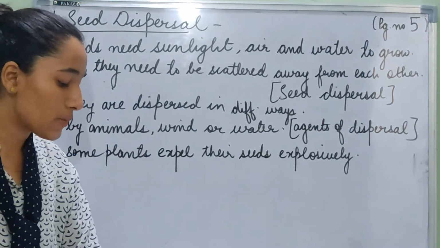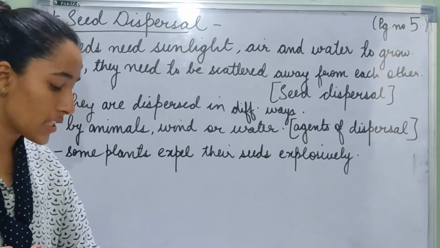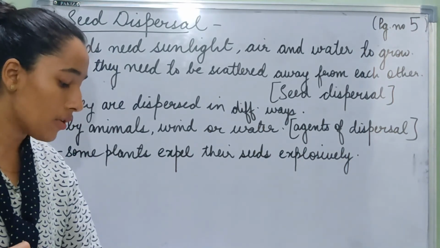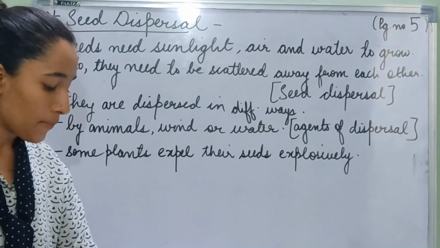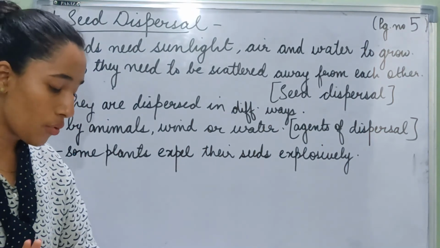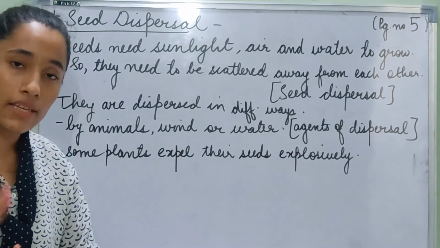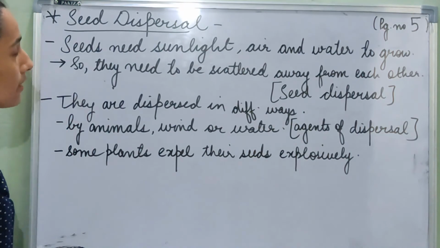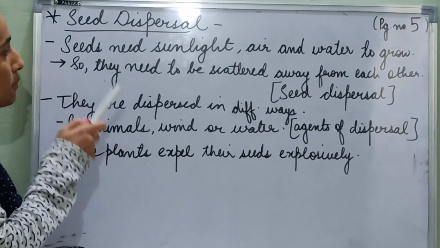Some plants also expel their seeds explosively. Seed size is an important factor that determines how a seed is dispersed. So what we learned in this session is seed dispersal.